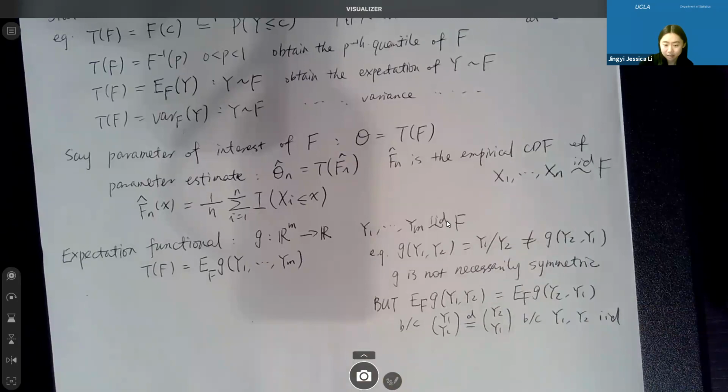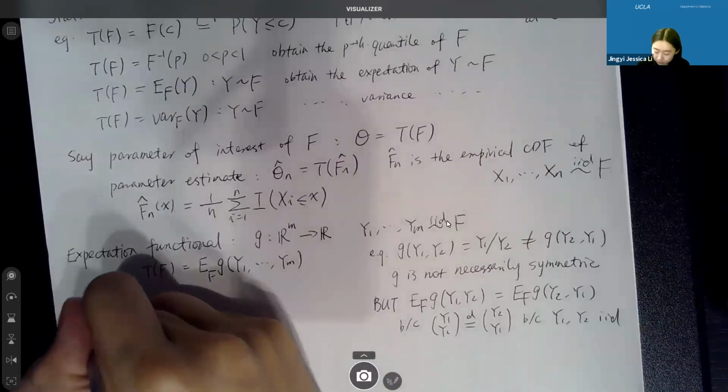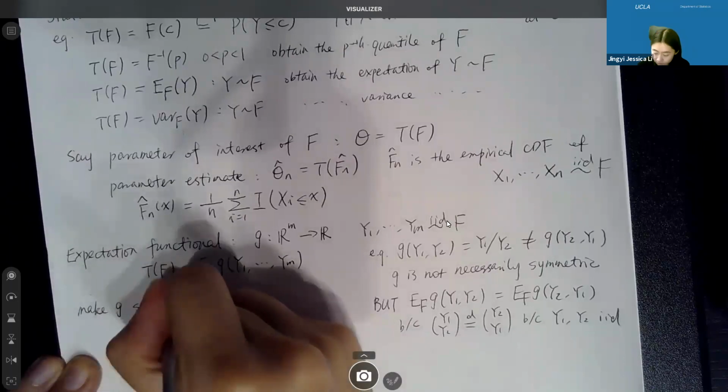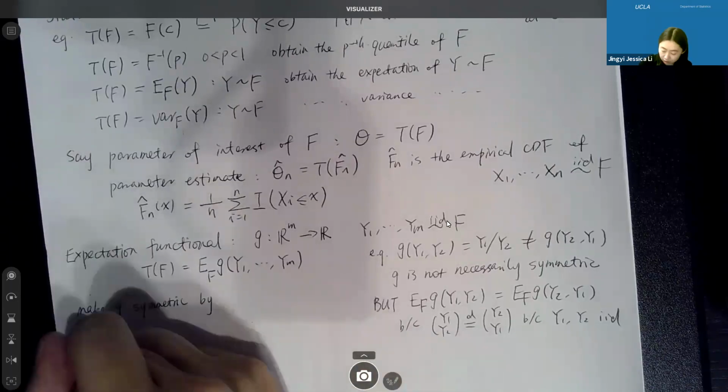Okay, sounds good. So even though my g may not be symmetric, I can create a symmetric version of g as follows. I can make g symmetric by defining g star.